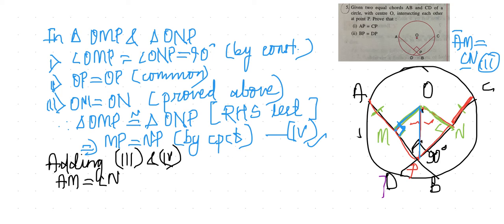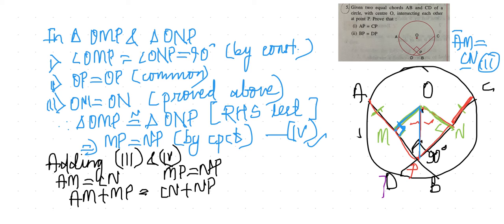What is my equation number 4? MP is equal to NP. So how do you add them? You will be writing that AM plus MP will be equal to CN plus NP. So this implies that AM plus MP, which is AP, is equal to CP. Is this what you were required to prove? Yes. So there goes your first sub question.